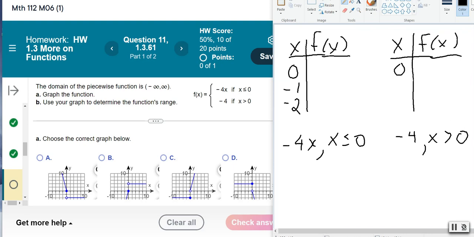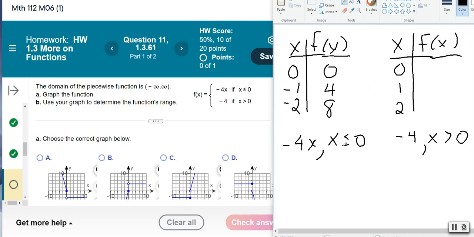And over here, they have to be bigger than 0, 1 and 2. Okay, now to find the function value, I must substitute these in everywhere I see an x. So negative 4 times 0 would be 0. Negative 4 times negative 1 would be 4. And negative 4 times negative 2 would be 8.